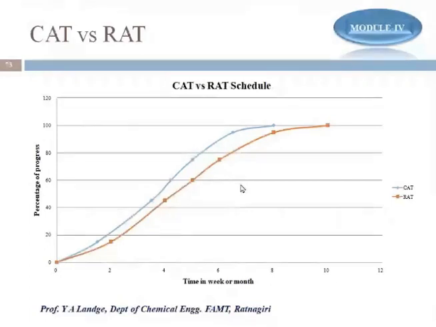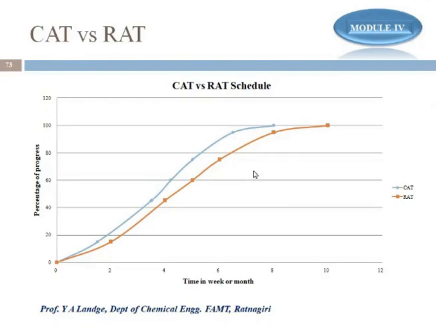So we can draw this CAT versus RAT either for costing or for timing. Most of the time we represent both cost and time, so that our project does not fail. This is one of the tools which can help us know about the execution part of the project, whether it is progressive, so that there are no chances of failure.